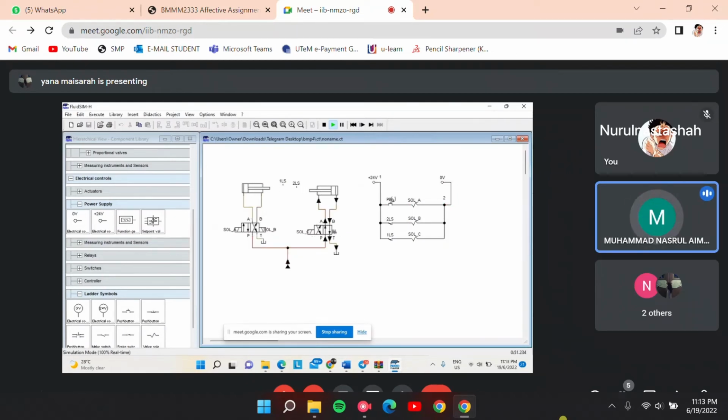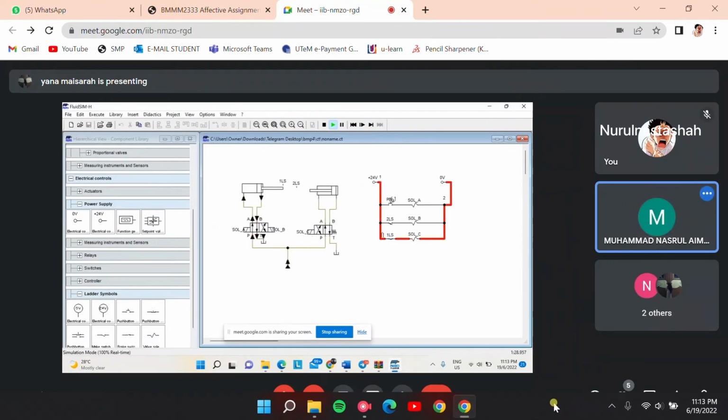As you can see, the current flows to the push button, then moves to solenoid A, which means solenoid A is triggered and actuates to the left, so the air moves into the cylinder and makes cylinder 1 extend. When cylinder 1 extends and reaches the certain point, 200 according to the ruler, solenoid C is triggered by the current.